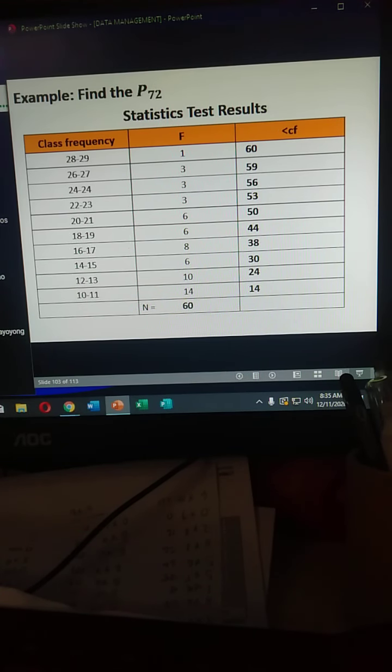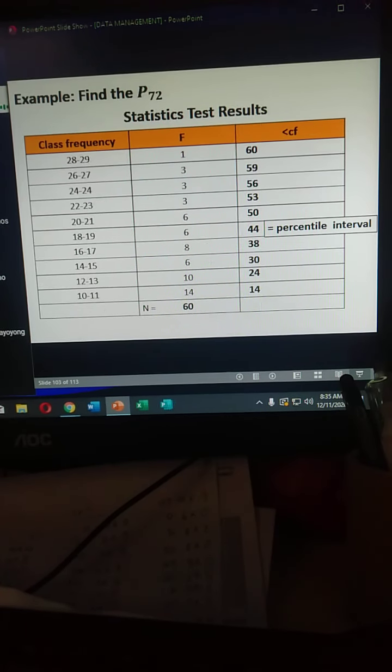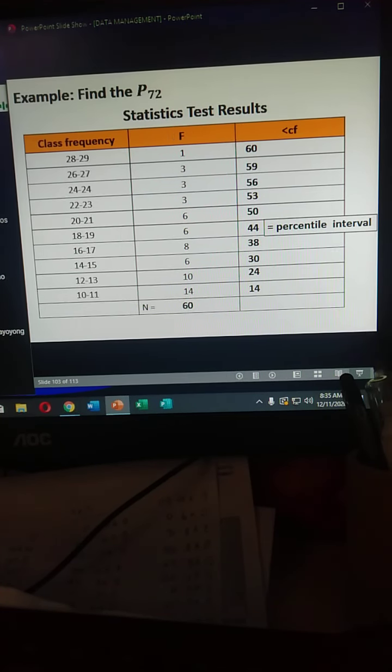Asaan malapit si 43.2? We have 44. Okay, mas mataas, hindi pwede si 38 eh, kasi ang baba naman. Doon tayo sa lagpas. Dapat. Okay, that's 44. So, 44 ang ating tinatawag na interval percentile or percentile interval. Yan yung magiging focus natin.